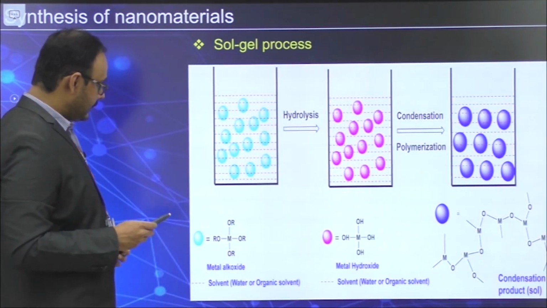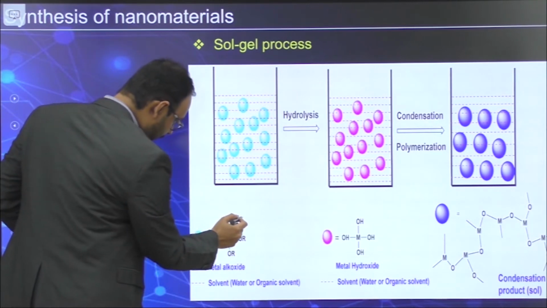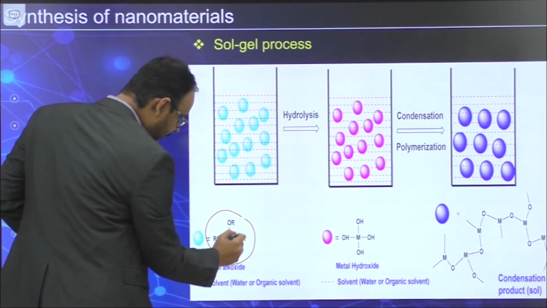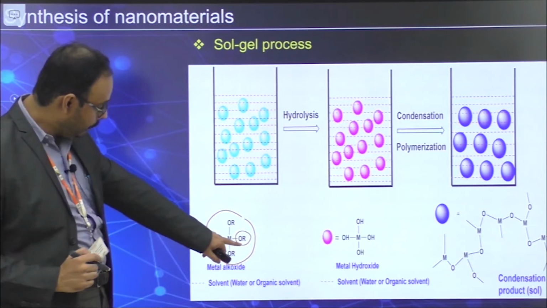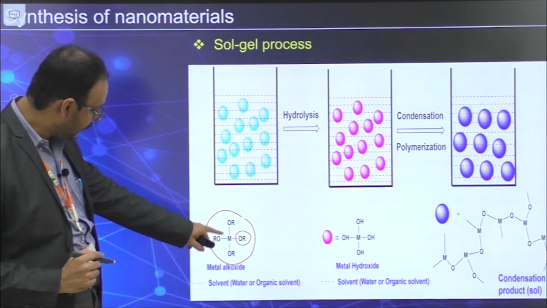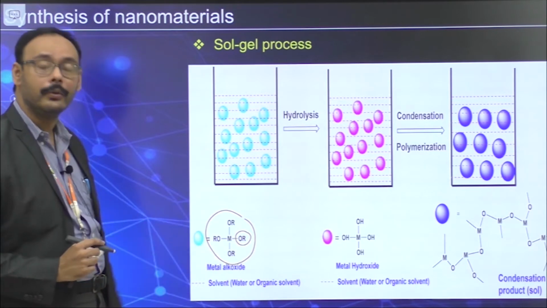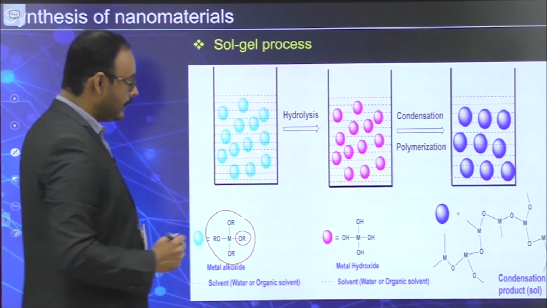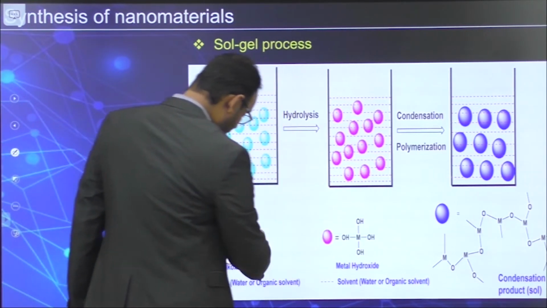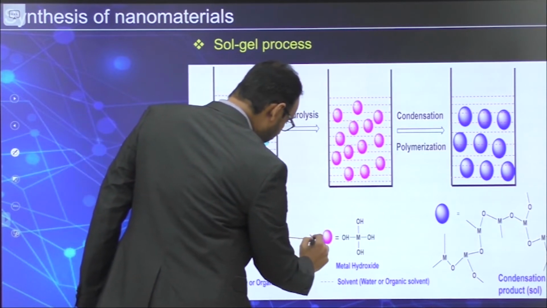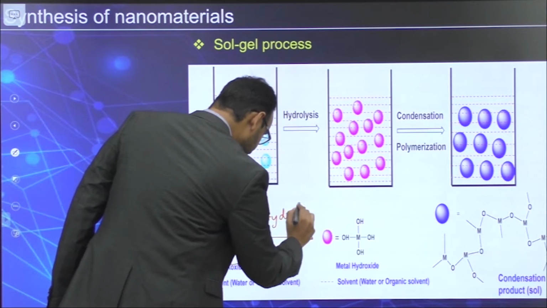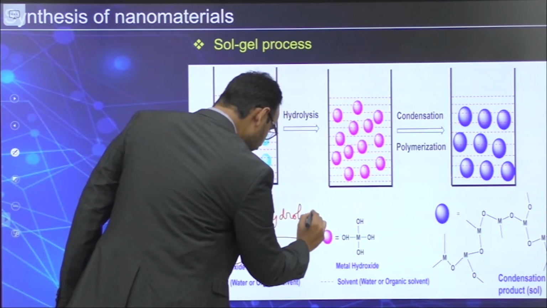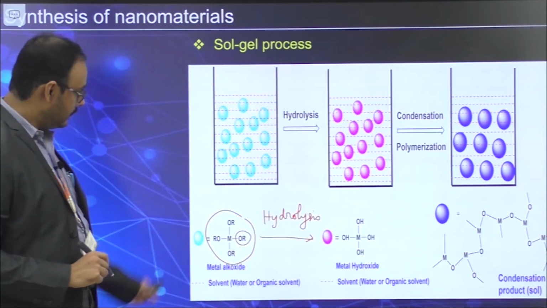So this is what is going on, but this is what I wanted to tell you, that previously I showed you one example here with only one OR group. Now I have taken one where you have 4 OR groups. So eventually all this is going to be hydrolyzed. Right?